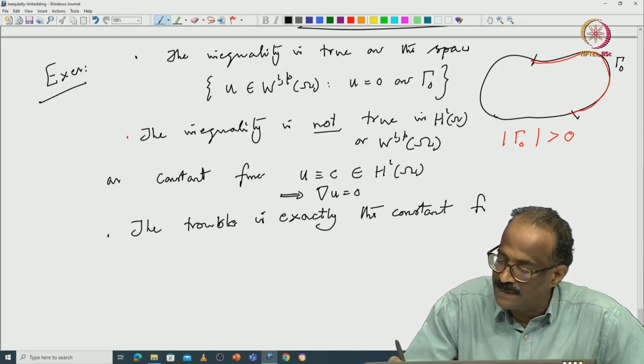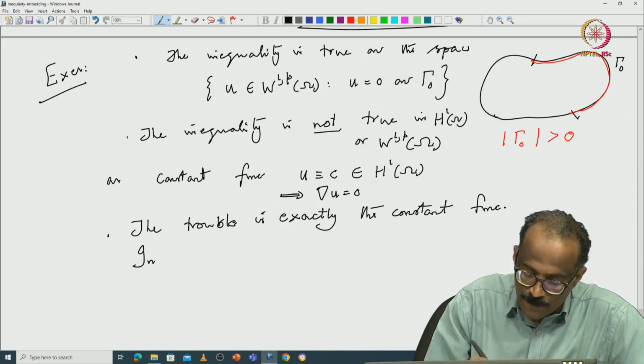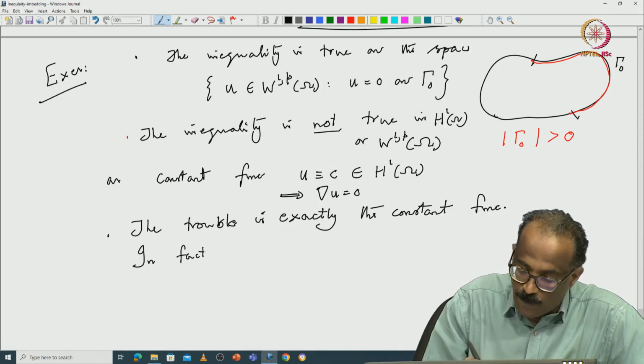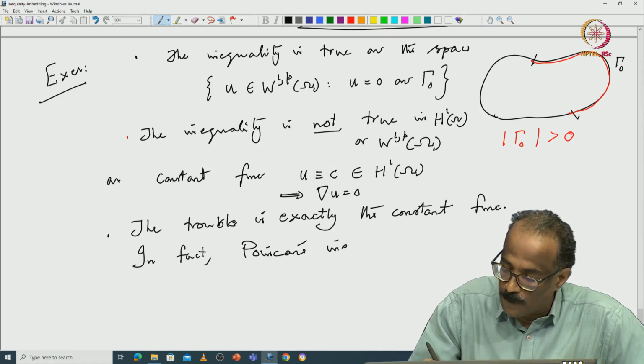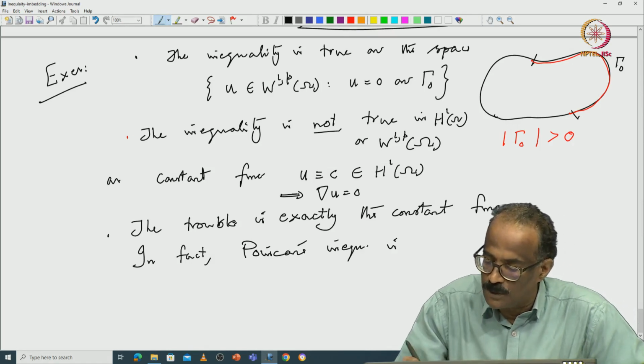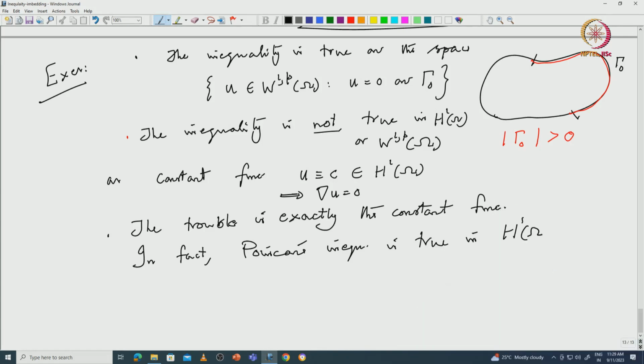We will discuss a more general theorem. In fact, the Poincaré inequality is true in the quotient space, where you quotient out the constants.